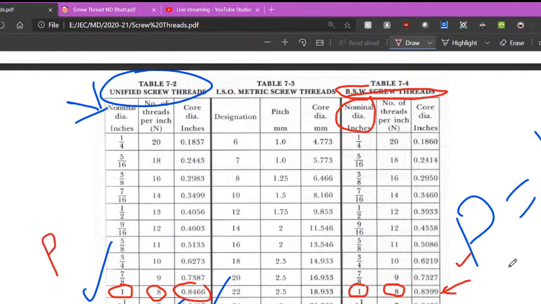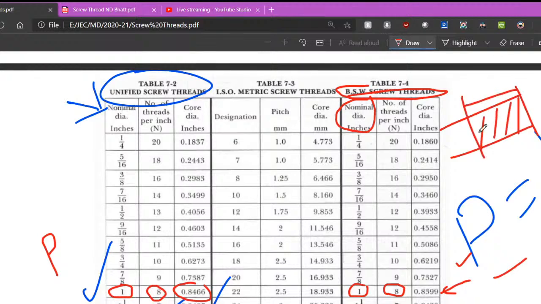To get the value of P, because it states the number of threads per inch in 1 inch length, it means in 1 inch there are 8 threads. As you know, from crest to crest is your value P, so if there are 8 threads, how to calculate the value of P?